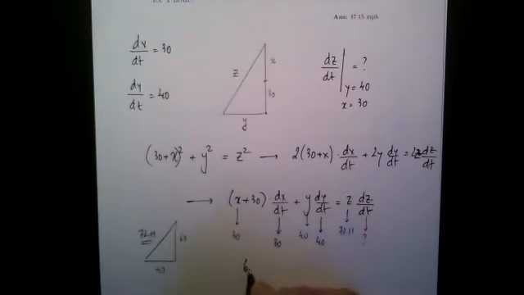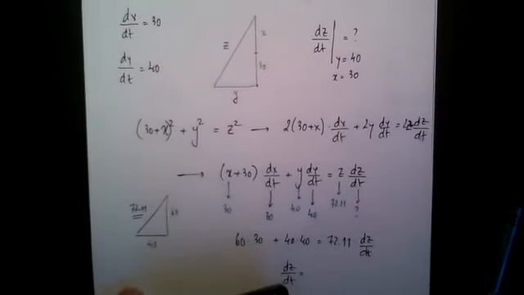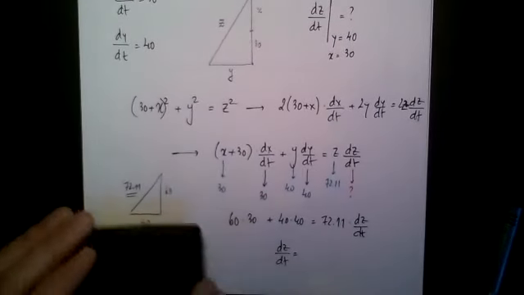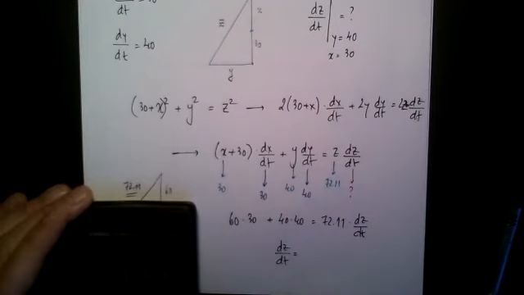Basically, 60 times 30 plus 40 times 40 equals 72.11 times dz/dt. I hope I'm getting this right, I did not practice before. So dz/dt will be 1800 plus 1600, divided by 72.11.